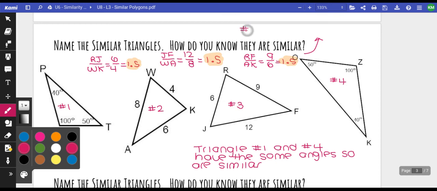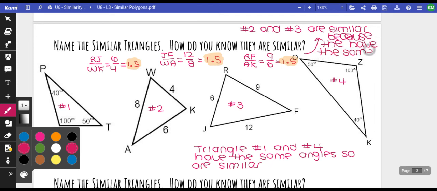So number 1 and number 2 are similar because they're proportional. Or we could say because they have the same ratio or scale factor.